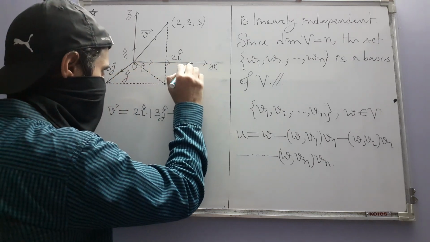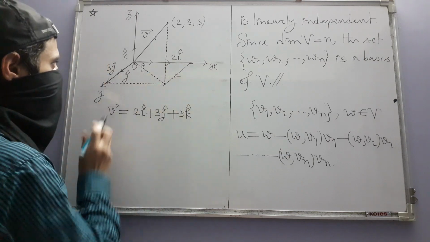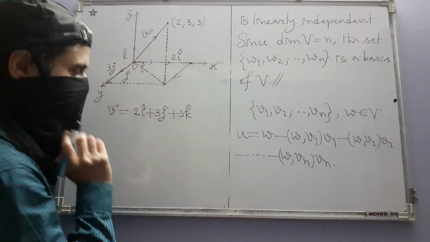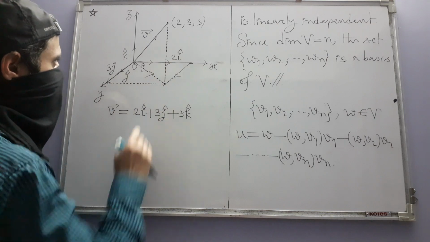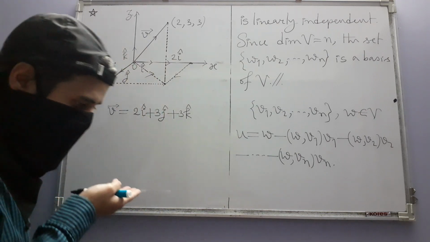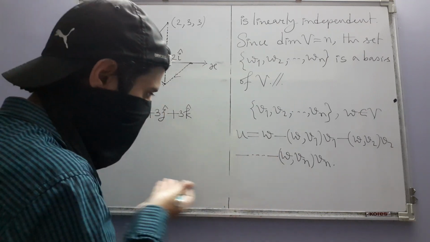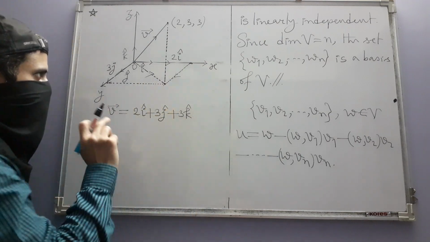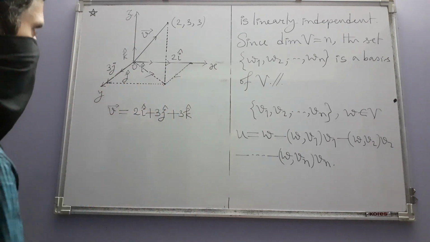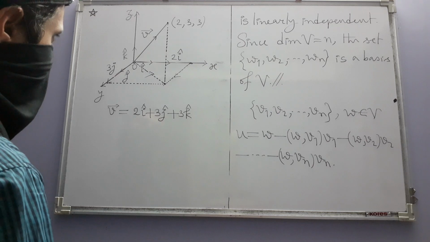So 2i plus 3j, because these are parallel and have the same direction, is this vector, which starts from the origin and ends at this foot of the perpendicular from the tip of this actual vector.